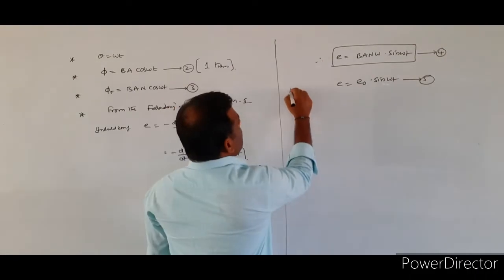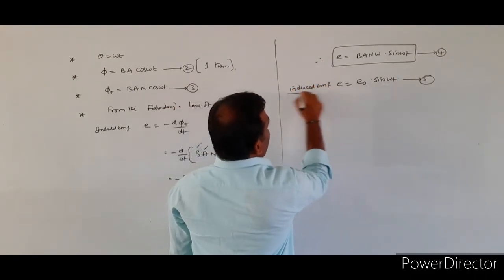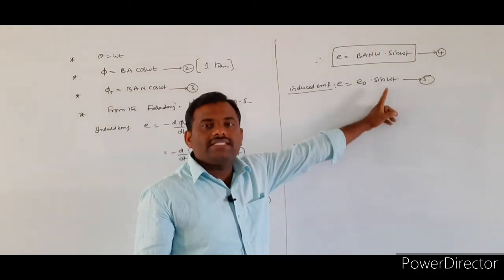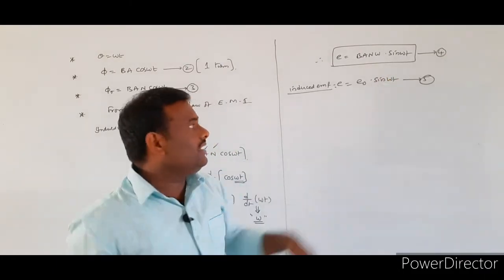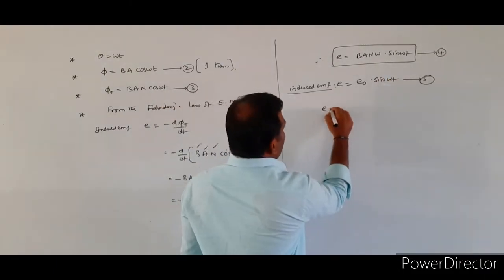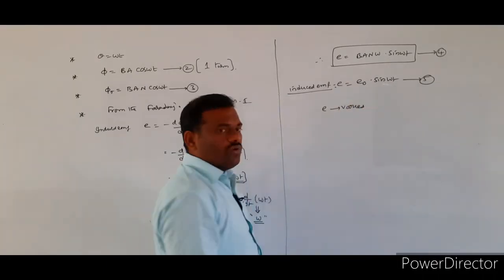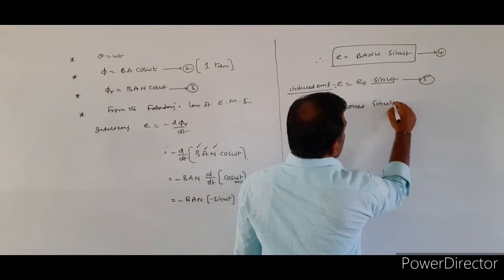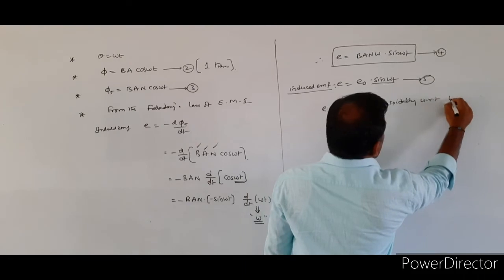So this induced EMF E is represented as a function of sin omega t. That means the induced EMF E value varies sinusoidally with respect to the time.